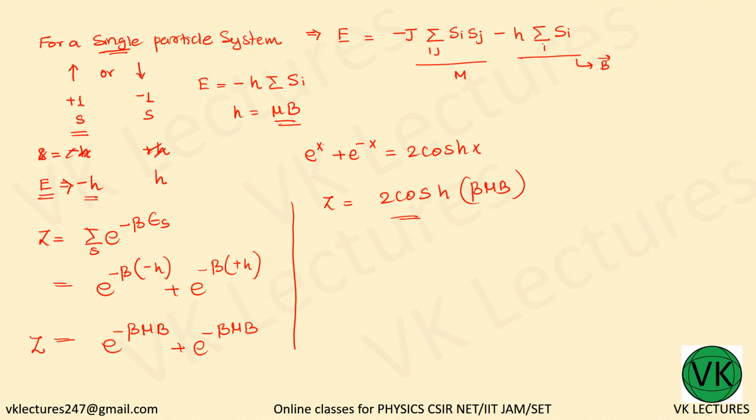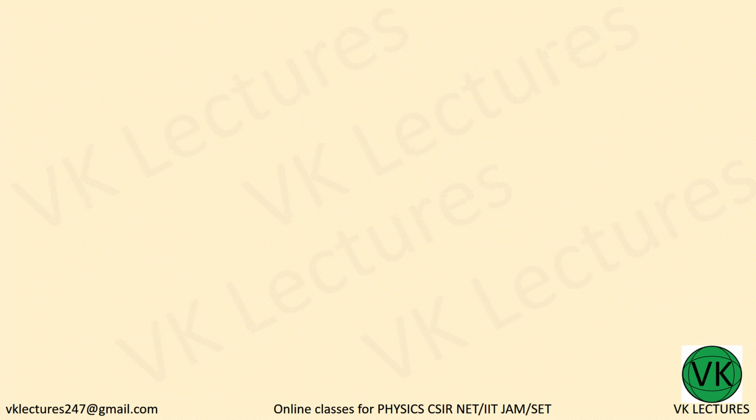That is for the Ising system. For a two particle system, we have a two spin particle system. The number of microstates is 2 to the power 2, which is equal to 4.